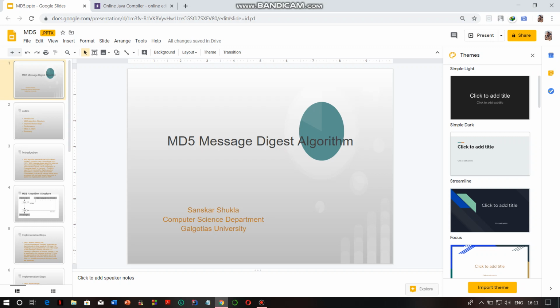To be considered cryptographically secure, MD5 should meet two requirements. First, it is impossible to generate two inputs that produce the same hash value. And the second, it is impossible to generate a message having a given hash value. Now, let's get on with the PPT.